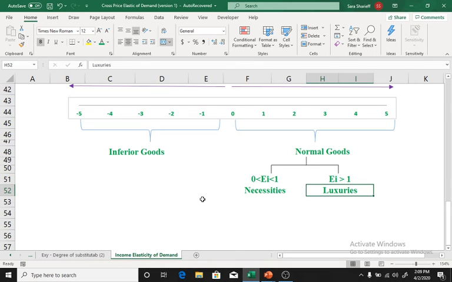So luxuries have a greater income elasticity of demand. Reason number 2, as human beings, we are materialistic by nature, right? We want to elevate our financial status, material status in the eyes of the world. So whenever our income increases, we want to purchase more and more units of a luxury item. That's the reason why luxuries have a very high income elasticity of demand.